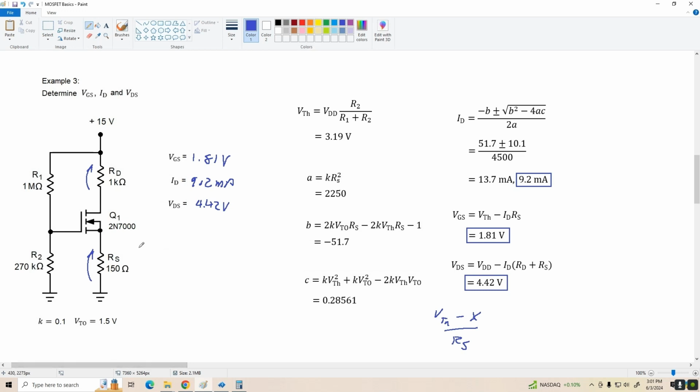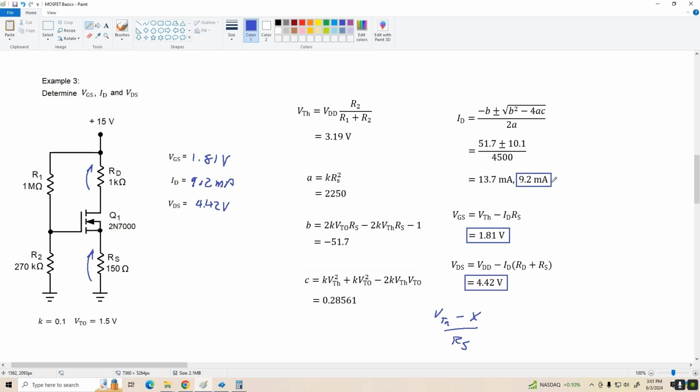I built this circuit, used about 10 different MOSFETs, 5 different BS 120s and 2N7000s, I forget the part numbers, and for the 2N7000s I got about 9.4 milliamps every time, and with the BS 150s, I ended up with about 8.2 to 8.3 milliamps each time. So the parameters that I derived earlier for this MOSFET are pretty well right on the money.